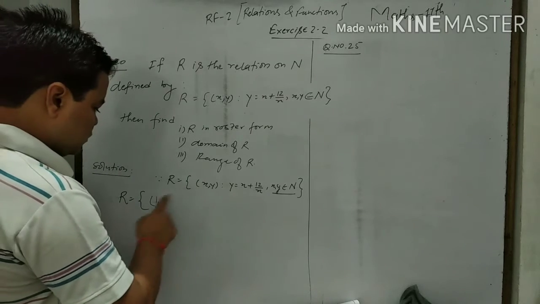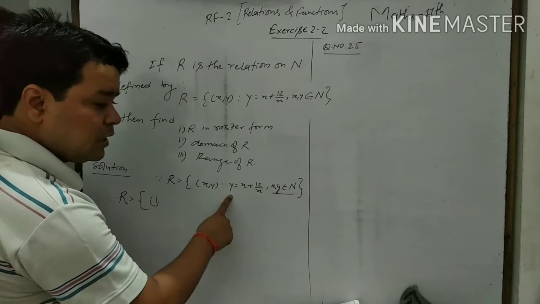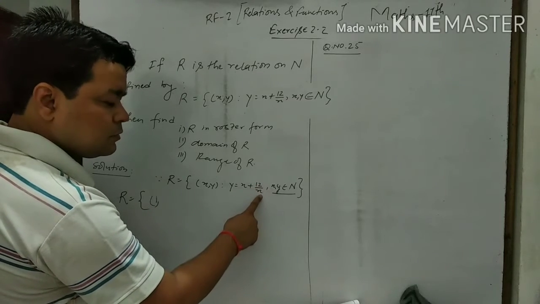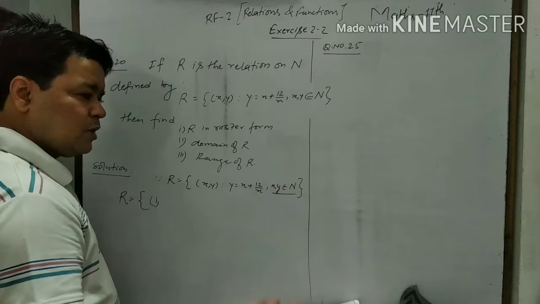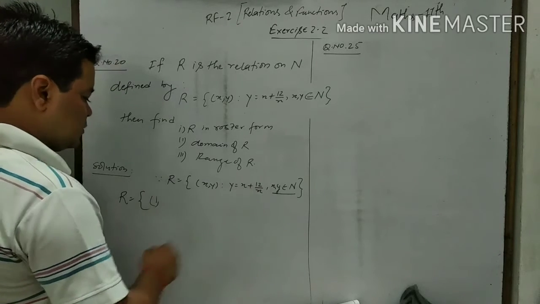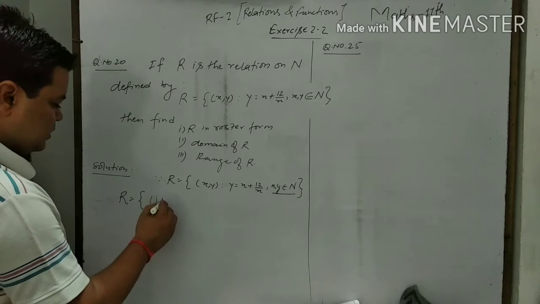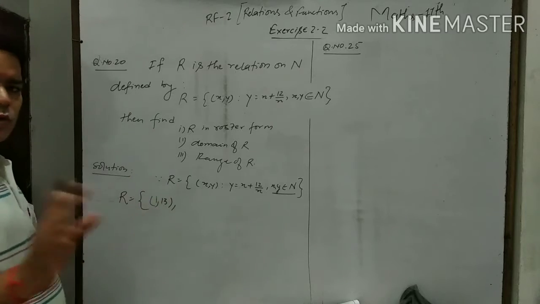If x = 1, then what is the value of y? 1 + 12/1, and 12/1 is 12, so y is 13.